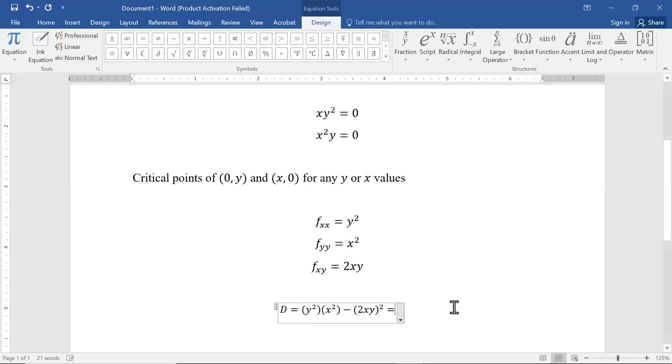I'm going to simplify that a little bit. That's x squared times y squared minus 4x squared times y squared, which is negative 3 times x squared times y squared.